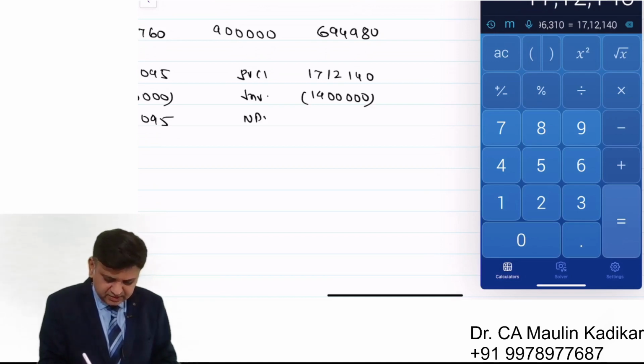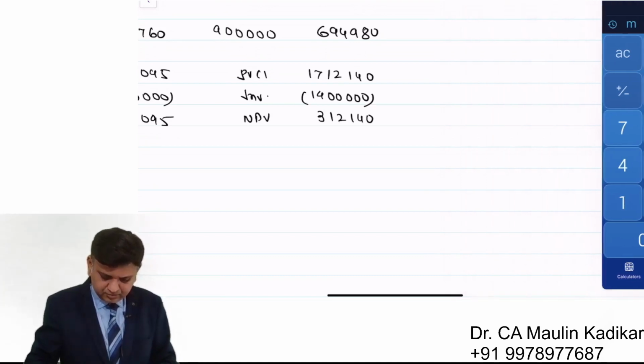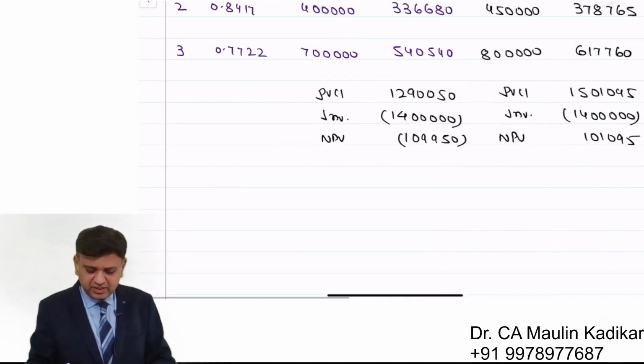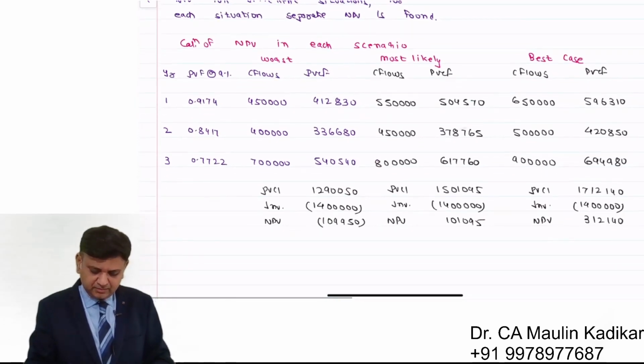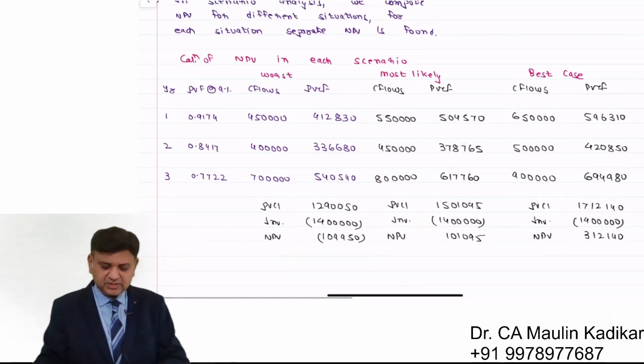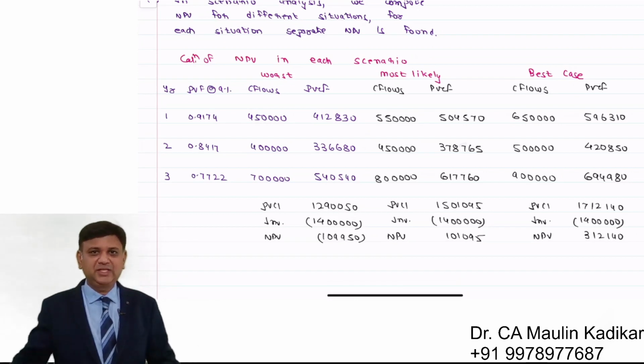Investment is 14 lakhs. NPV is 3,12,140. That is the way the NPV can be found for each scenario.